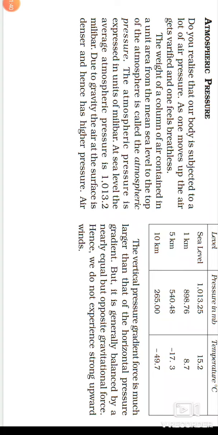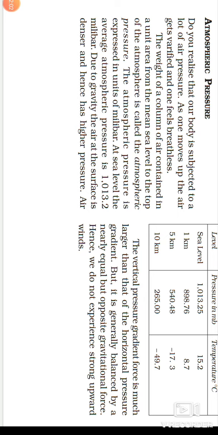This is mainly because of the decrease in the atmospheric pressure. What happens then on the surface of Earth? On the surface of Earth, the atmospheric pressure is denser, that's maximum. Okay, and as we move up, the atmospheric pressure decreases, and that causes a decrease in the temperature.